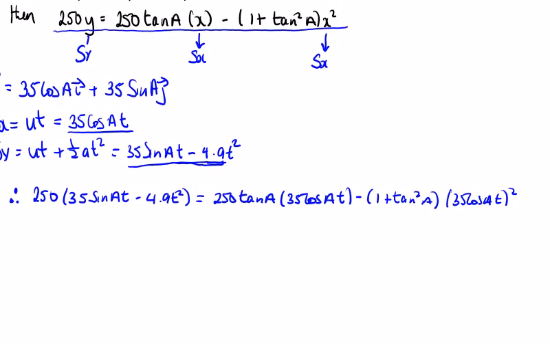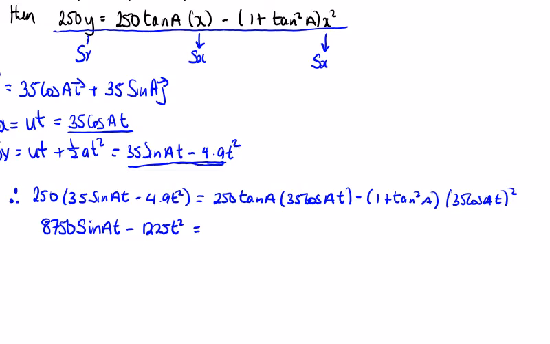Okay, it needs a calculator here. 250 by 35 is 8750. And that's sine alpha times t. Minus 250 by 4.9, 1225, so we're going to be looking at 1225 t squared.